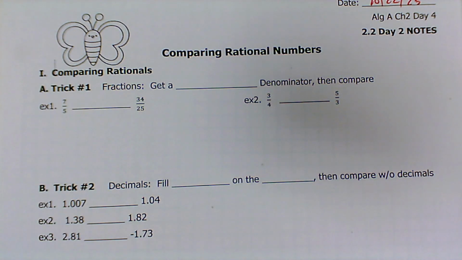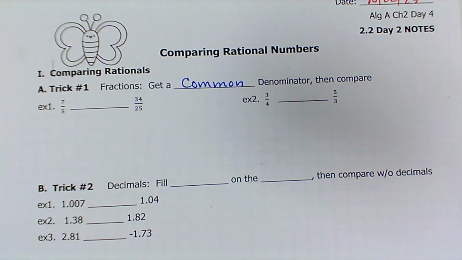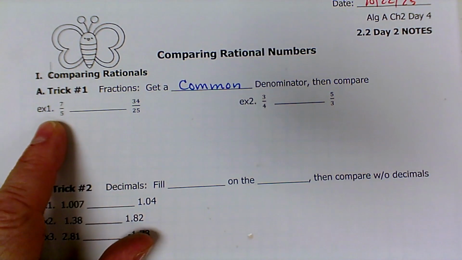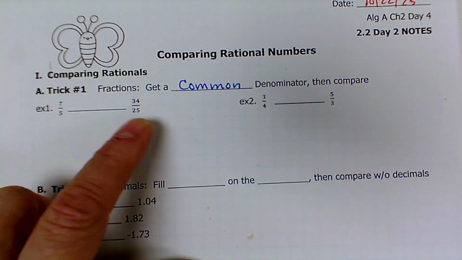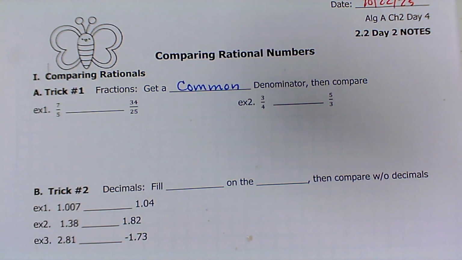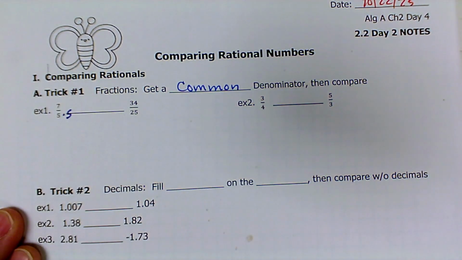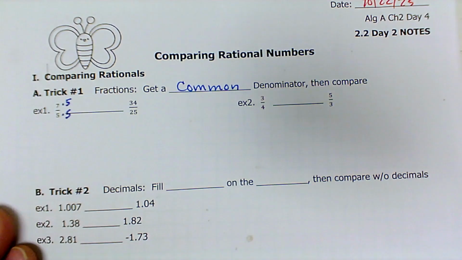So trick number 1, for fractions. If you're trying to compare fractions and they're two really different fractions, you need to get a common denominator and then compare them. Looking at the example, the first one is by fifths. The second one is by 25ths. So to make them match, you need the bottoms to match. To turn the 5 into a 25, you have to multiply by 5, which means you have to multiply the top by 5 as well.